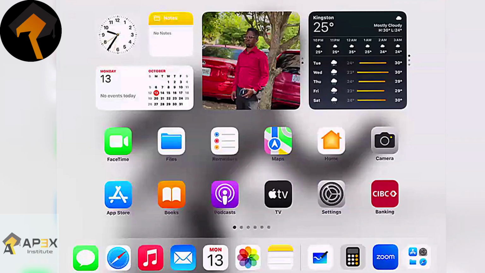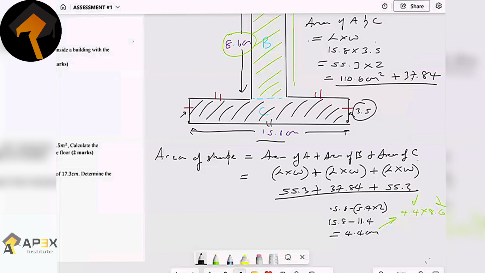So the complete area of this shape is 148.44. I know you're probably wondering, all that work just for 2 marks? I was a little stingy when it comes to giving the marks, but because I knew that the area of the top was equal to the area of the bottom, all it required was this. The only calculation you needed was finding that little middle blue piece, and then you had to think intuitively.